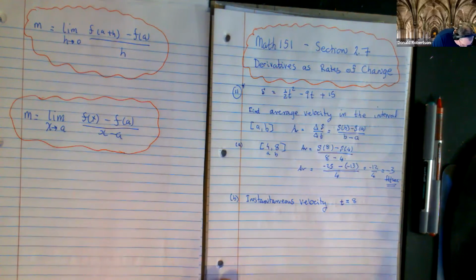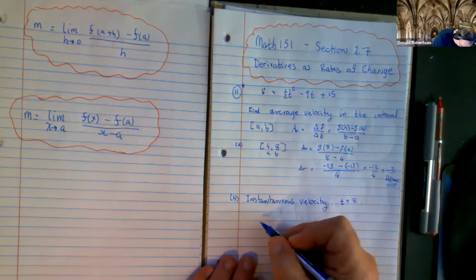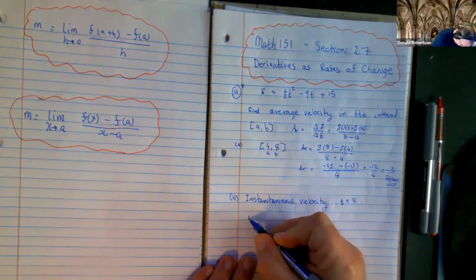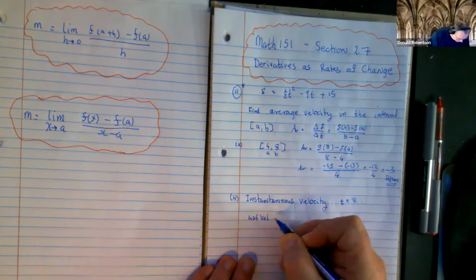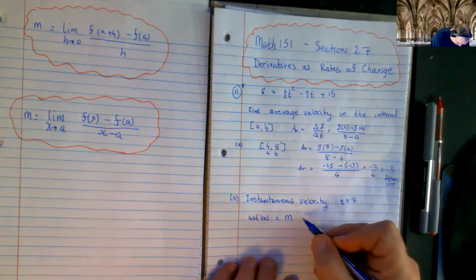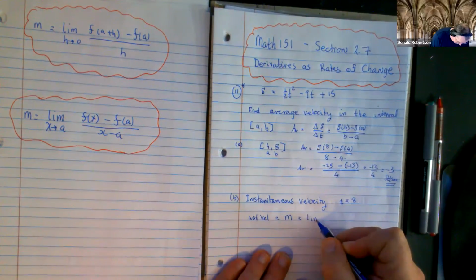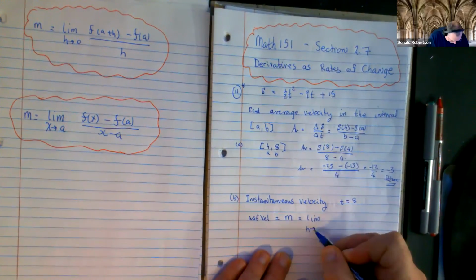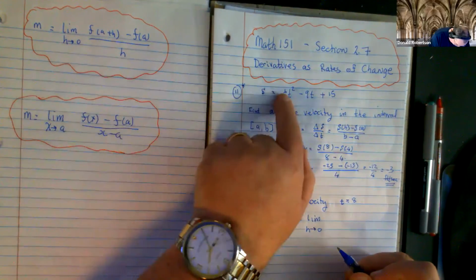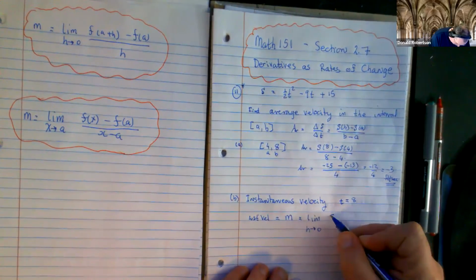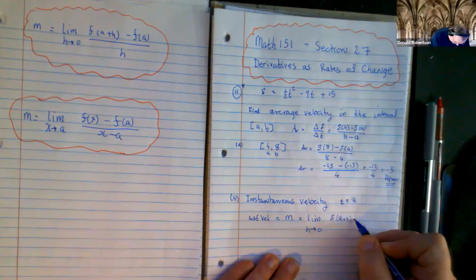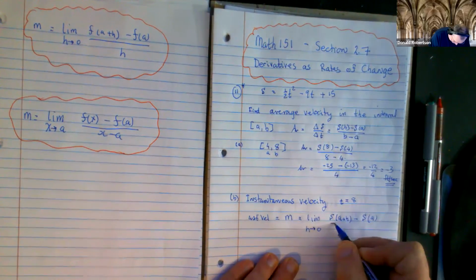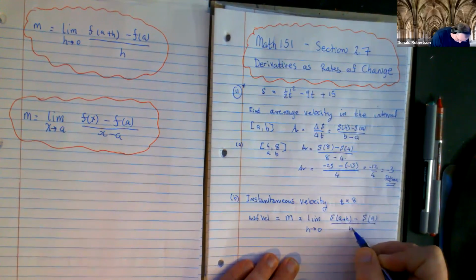So I want to find the instantaneous velocity. That's essentially the slope of the tangent line. So we're going to do the limit as h tends to 0. Since this is called S, I guess I could adjust the formula a little bit and do S of a plus h, take away the value of the function at a, all divided by h.